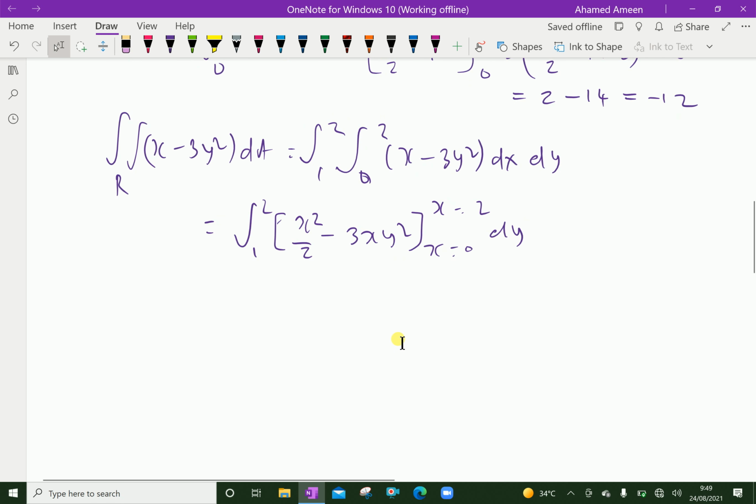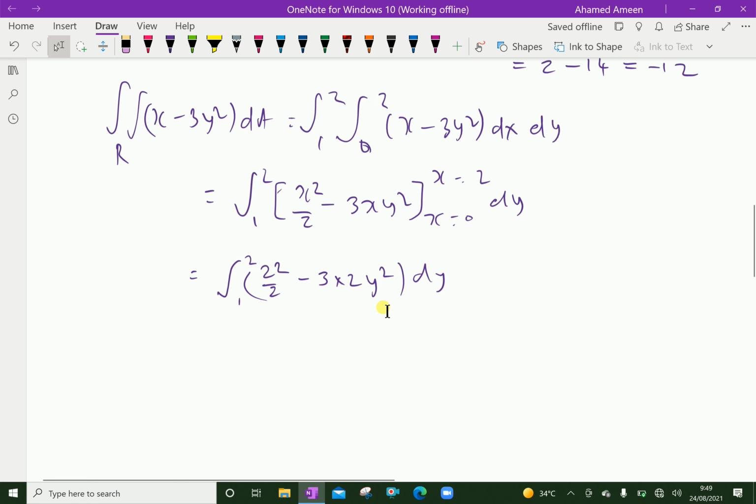So we have the integral from 1 to 2. Integrating with respect to dy, we are putting the values x equal to 2 and x equal to 0, that is 2 squared by 2 minus 3 into 2 y squared, dy.